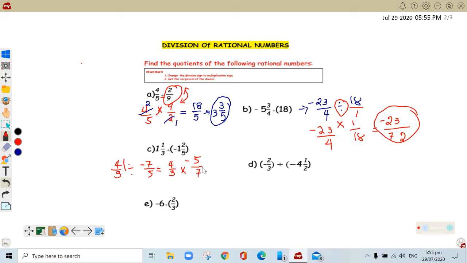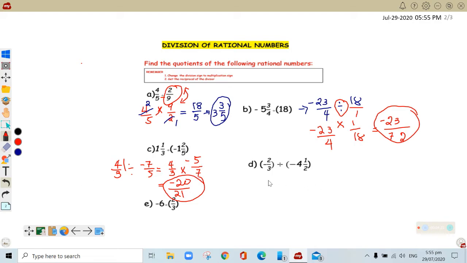Then after, we multiply. Since we cannot cancel anything here, we just have to keep on multiplying. So the answer here will be 4 times negative 5, that will be negative 20. 3 times 7 will be 21. So the final answer here will be negative 20 over 21.